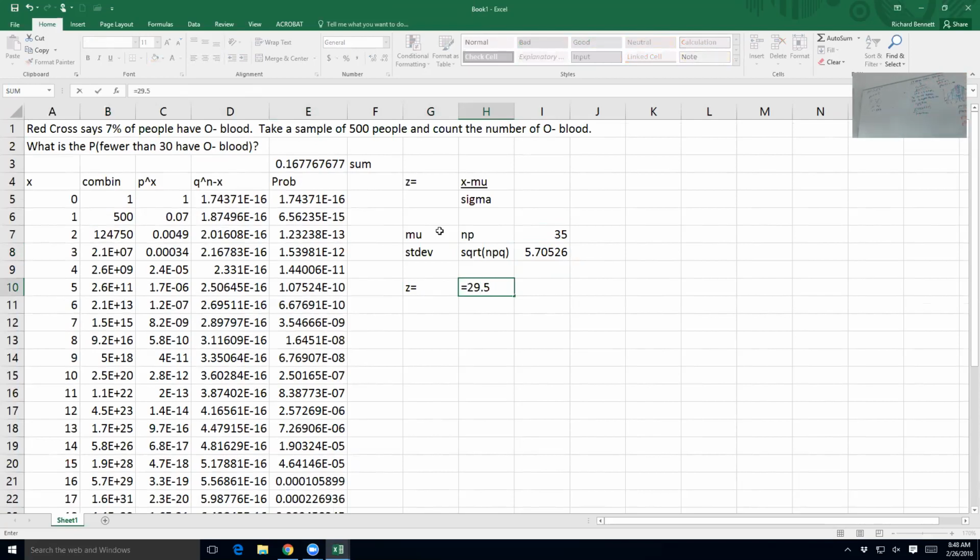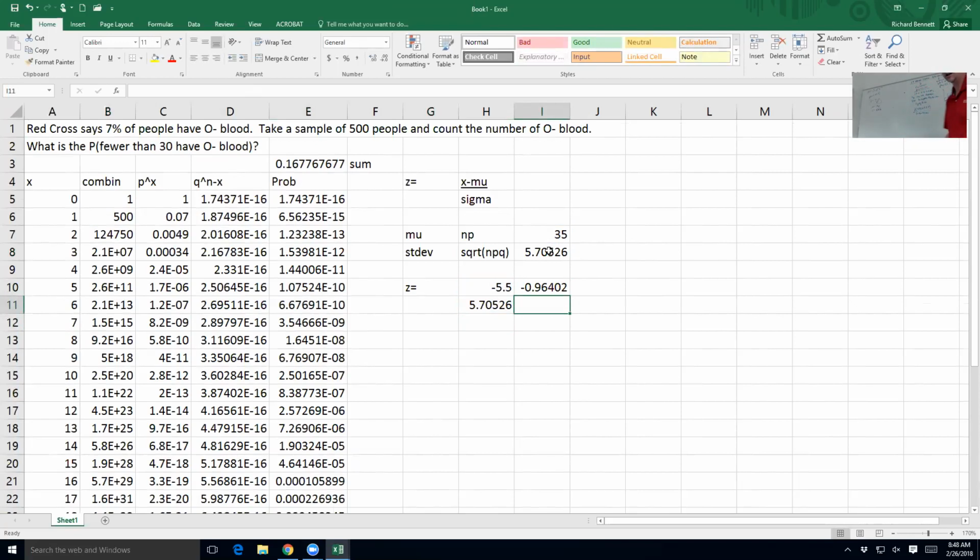Because I'm adding a half to the 29. Notice all of these have an equals in them, because on the binomial, it's going to be easier to figure out if you have an equals in them. Okay, it's 29.5 minus what? 35. And we're going to divide that by 5.7. So this is going to give me a z-score of negative 0.96.